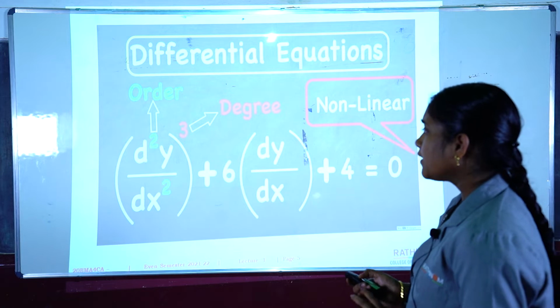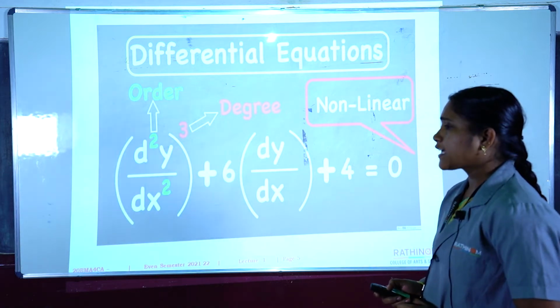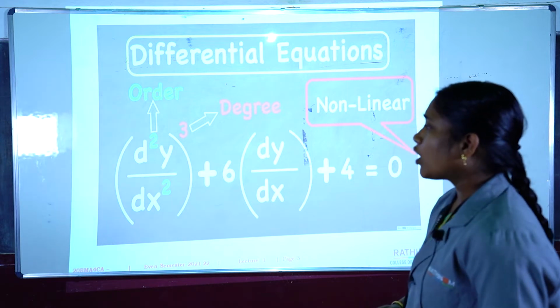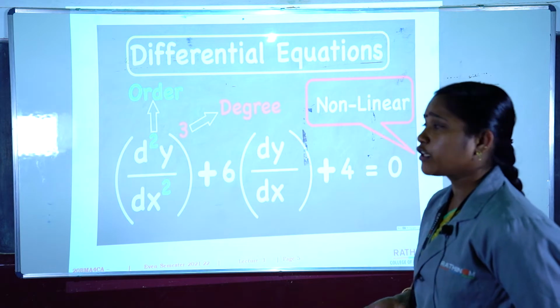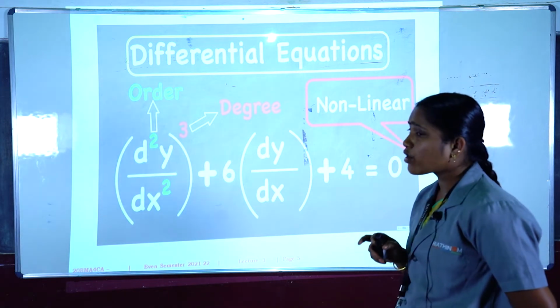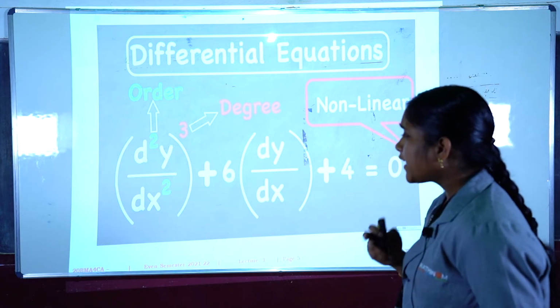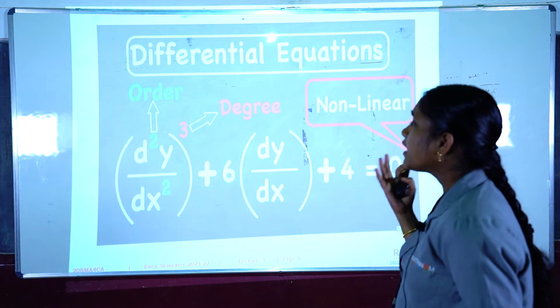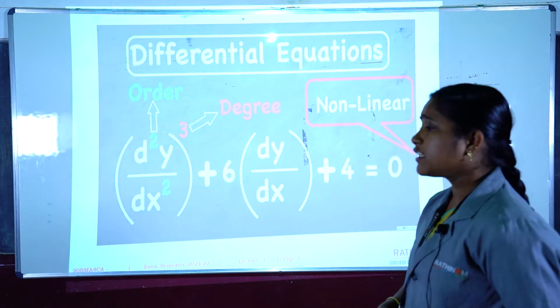In the second derivative, d square y by dx square, the order is 2, so this is known as a second order derivative. The highest order of the derivatives in an equation is known as the order of that equation, and the power of the highest order derivative is known as the degree of that equation.